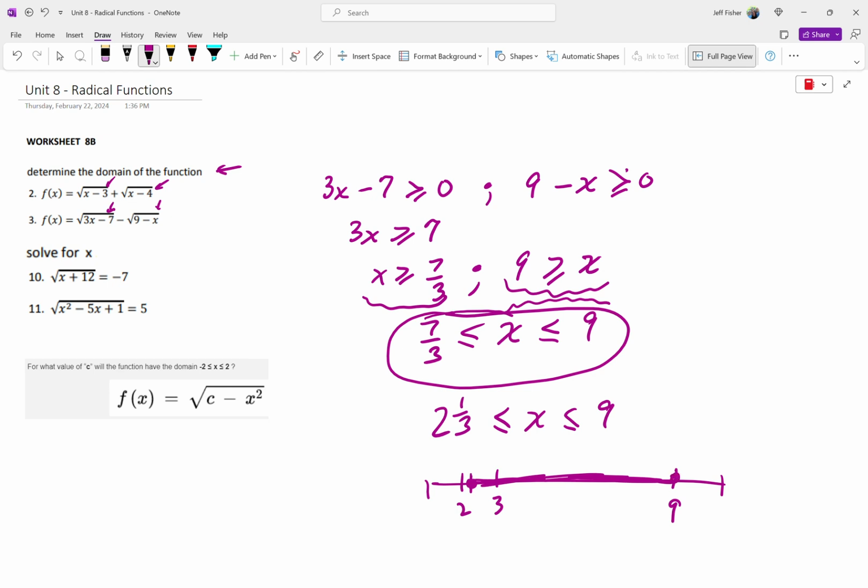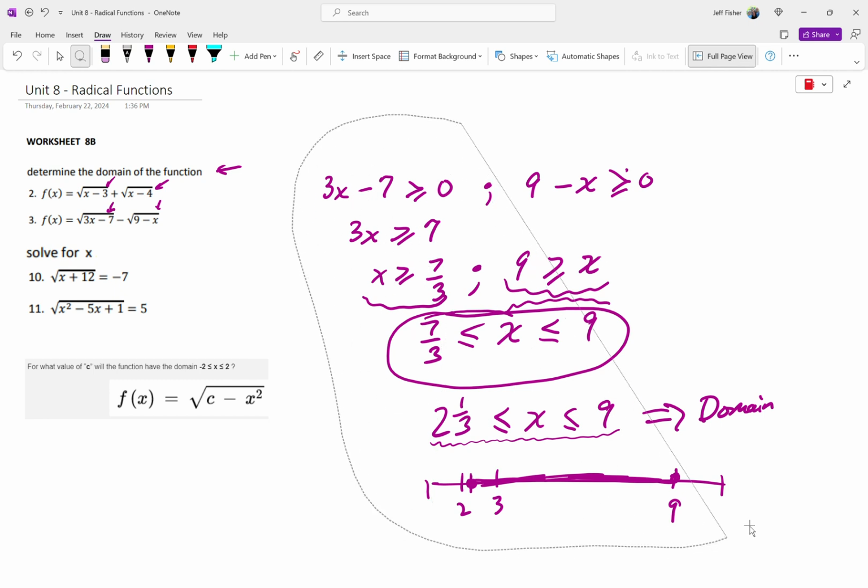That is the value of our domain. This is the set of x values that we are allowed to put into our function. If we put anything outside of those values into the function, we're going to get a negative value under the radical, which we cannot have.